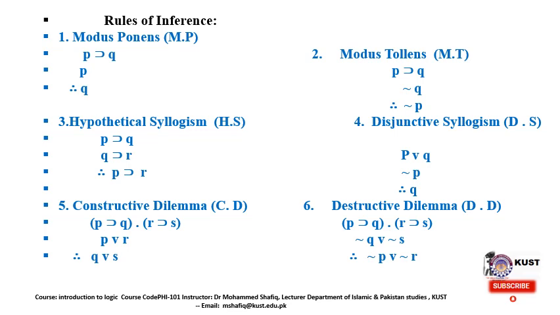The first one is called modus ponens, and it says if P then Q, P, therefore Q. The second rule of inference is modus tollens, or MT, and it says if P then Q, not Q, therefore not P.